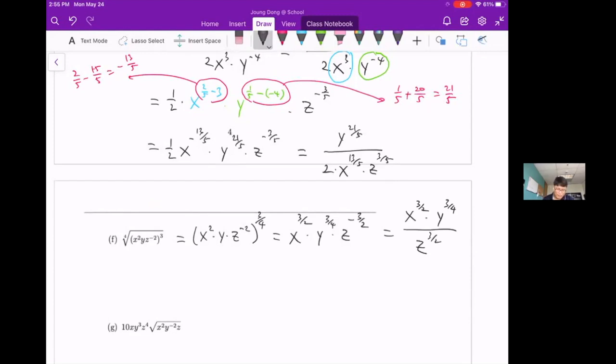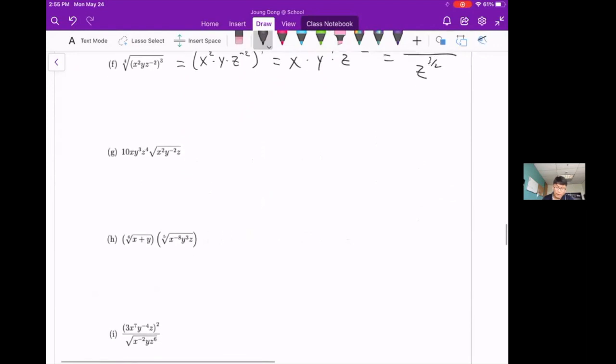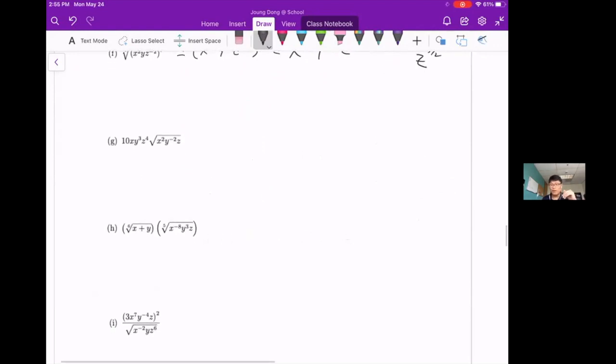And what about g? Again, we're going to take care of the radical first, okay? So let me rewrite this one: 10x y cubed z4 and x squared. I'm writing under the radical, and it is 1/2.